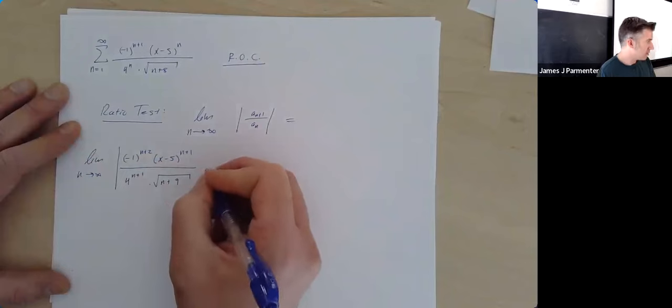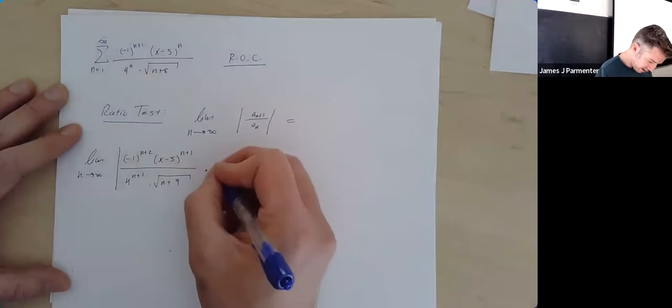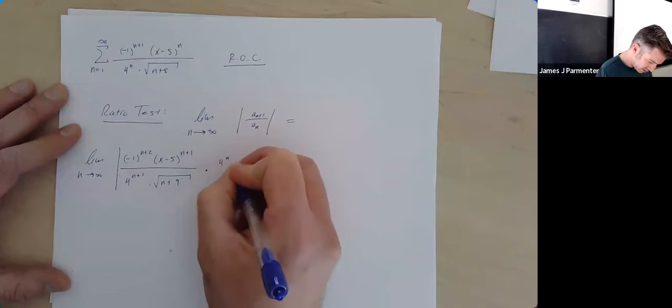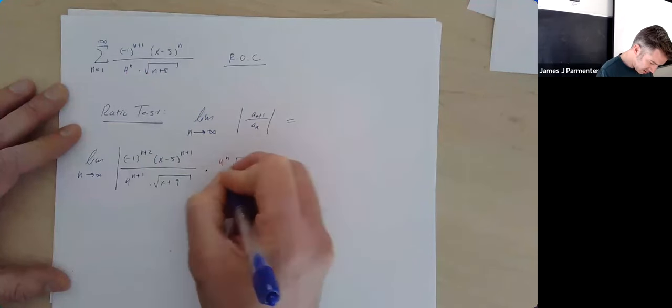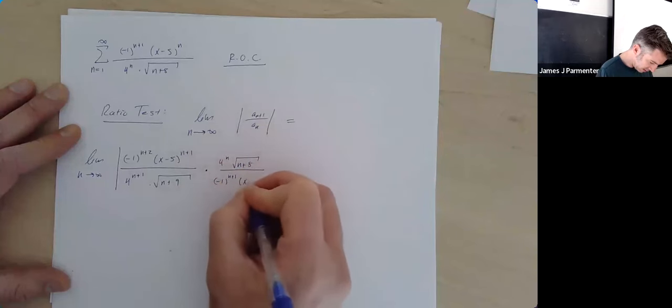And then we multiply by the reciprocal of the nth term: 4^n times the square root of n+8 over (-1)^(n+1) times (x-5)^n.